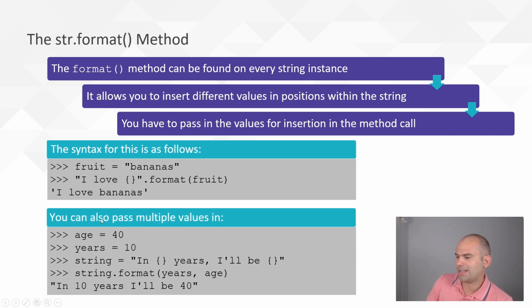Here's another one that's going to have 2. In years, I'll be. We have string.format years age, which we're going to fill in. Years is going to be 10. In 10 years, I'll be 40.